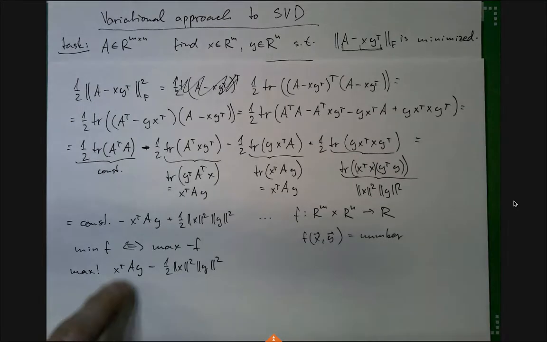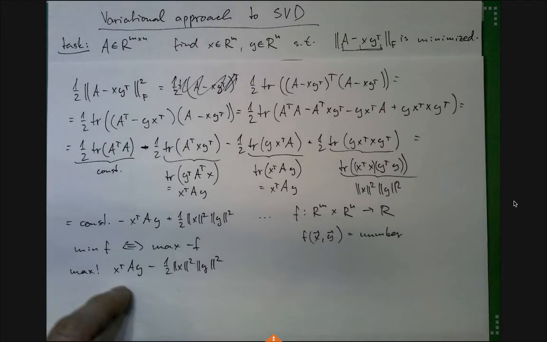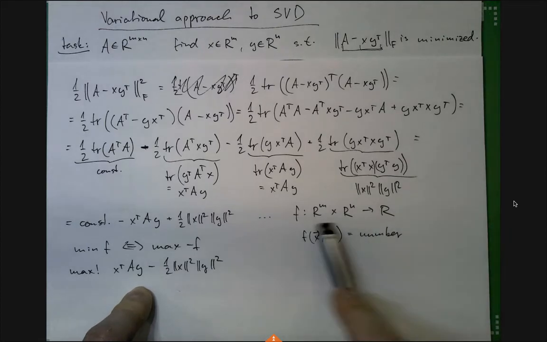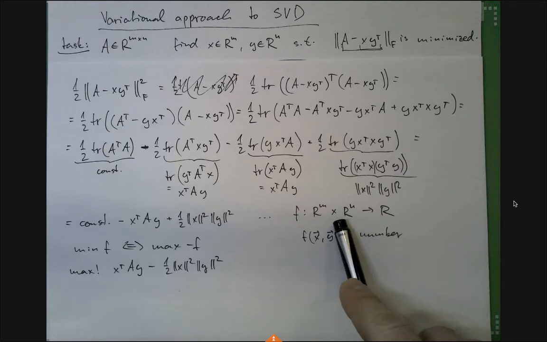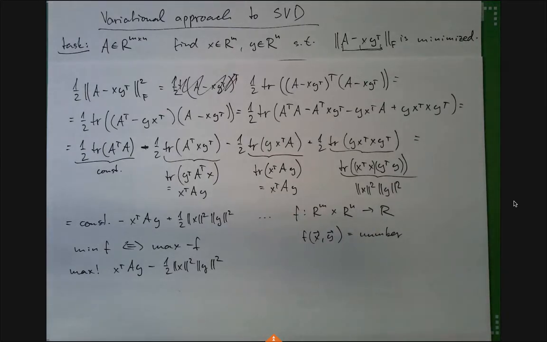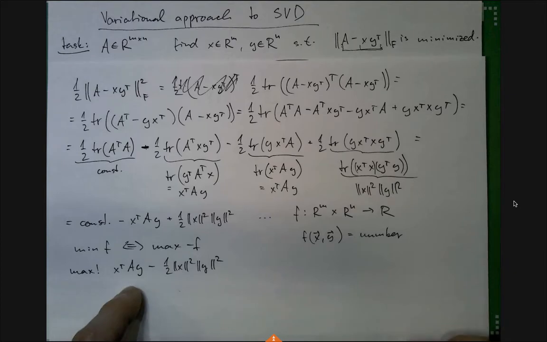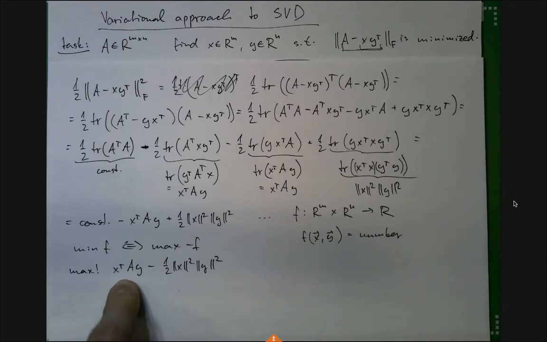Okay, so how do I do that? How do I maximize this? So notice that this is an unconstrained optimization problem, right? It's a multivariate function, and I need to compute its maximum. So knowing calculus, what would you do? Well, the classical recipe is to compute the derivatives and set them to 0, right?